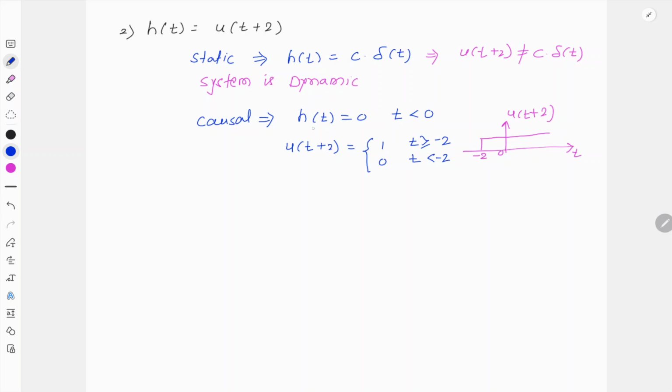Looking at the condition for causality, h of t should be 0 for all values of t less than 0. But here for u of t plus 2, the values exist for t less than 0, that is from minus 2 to 0. Hence the system is non-causal.